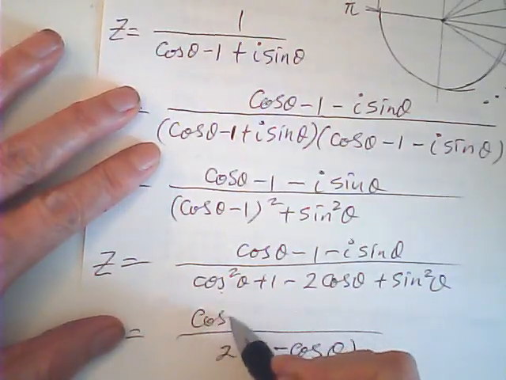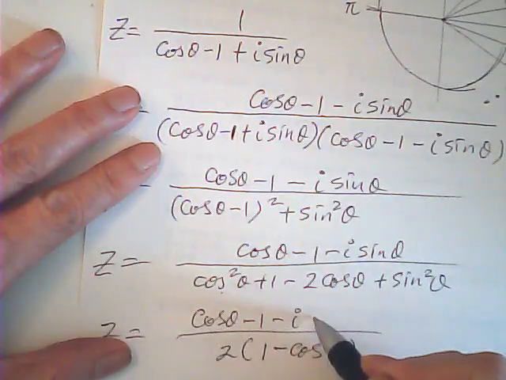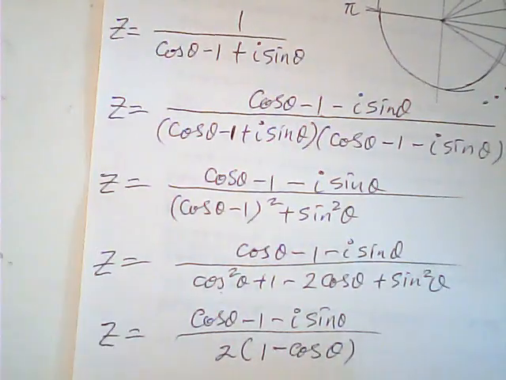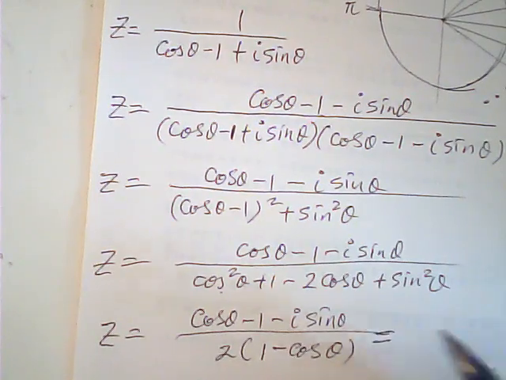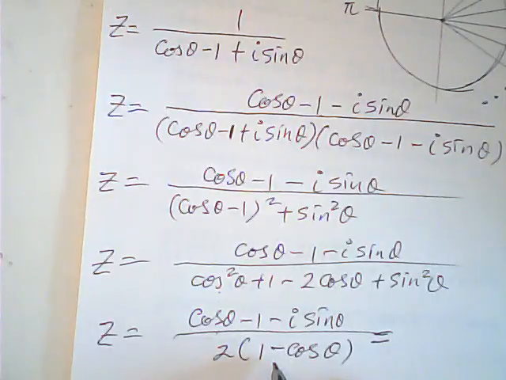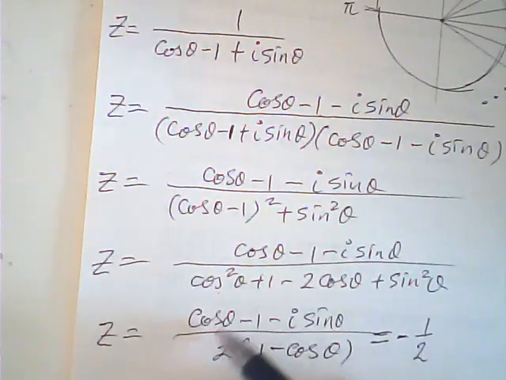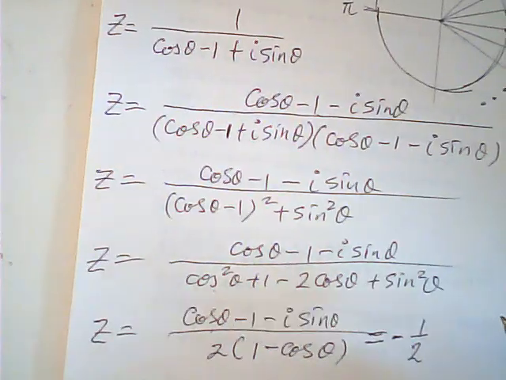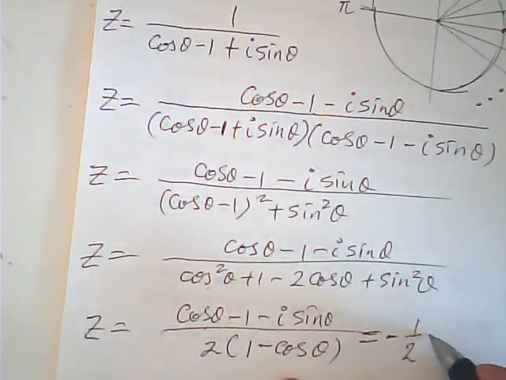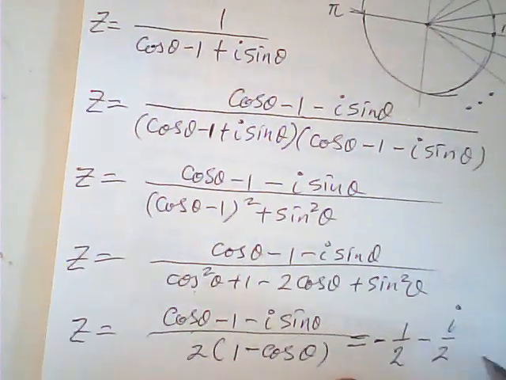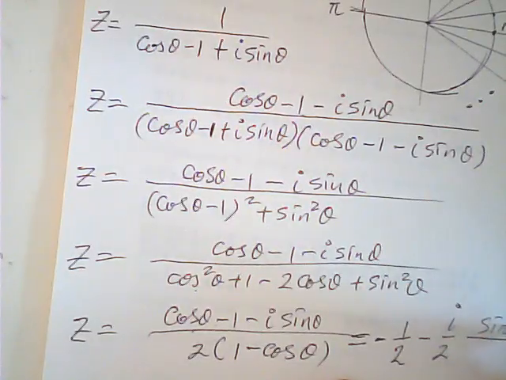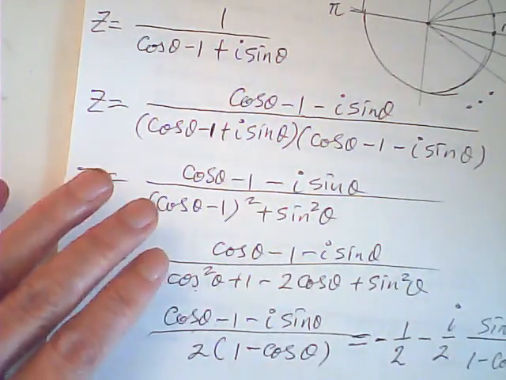And the numerator is cosine theta minus 1 minus i sine theta. This over that gives negative half, right? Cosine theta minus 1 over 2(1 minus cosine theta) is negative half, and minus half i times sine theta over 1 minus cosine theta. Yeah, good.